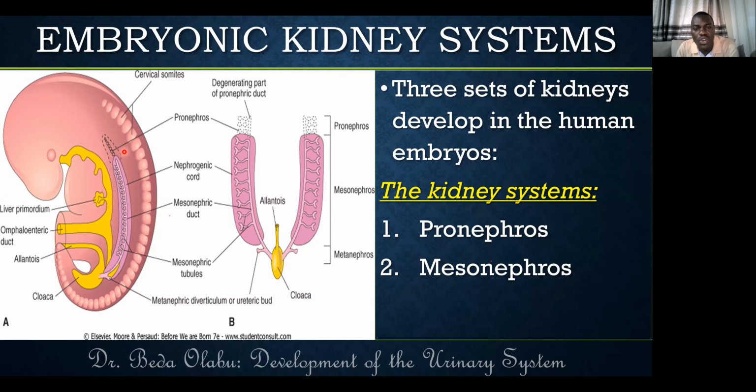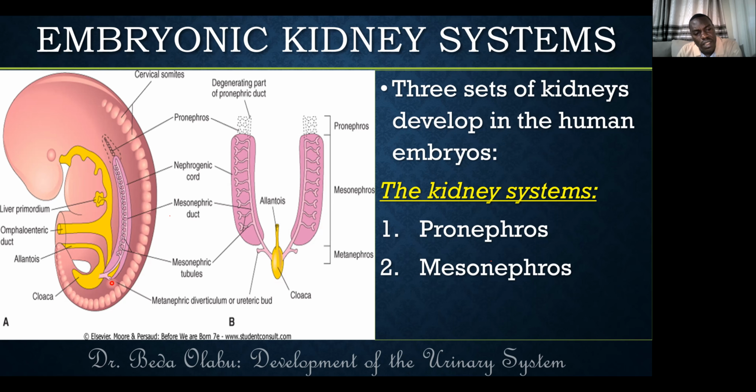The duct of the mesonephros is this one. We call it the mesonephric duct, or otherwise known as the Wolffian duct. That duct of the mesonephros empties its urine into the cloaca.